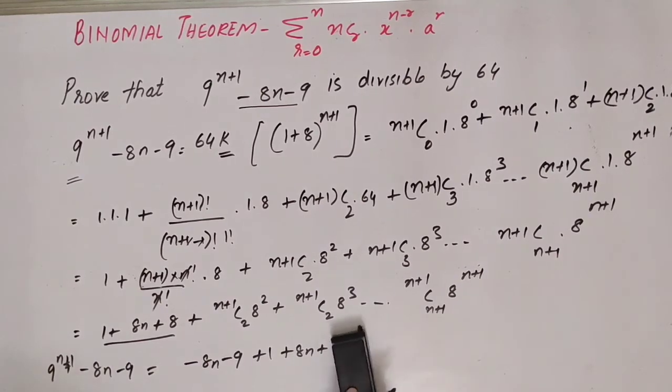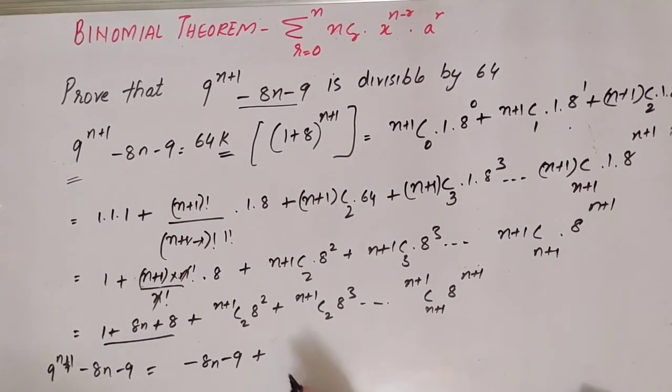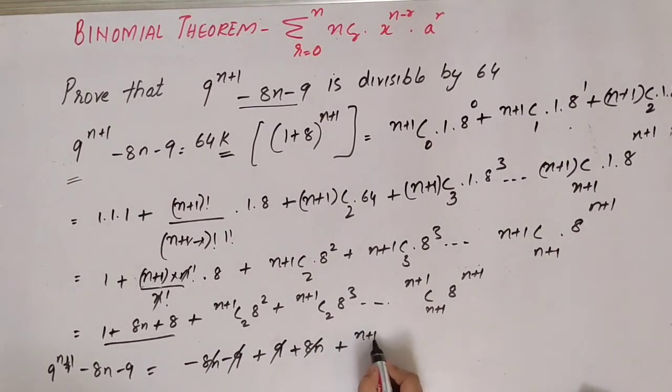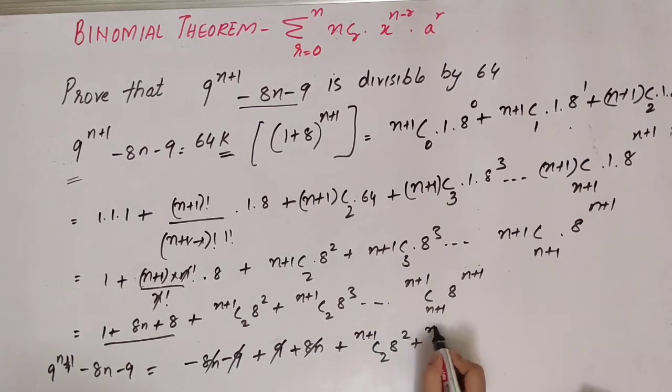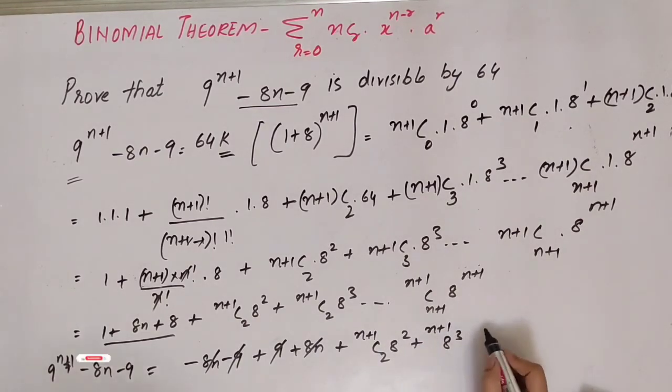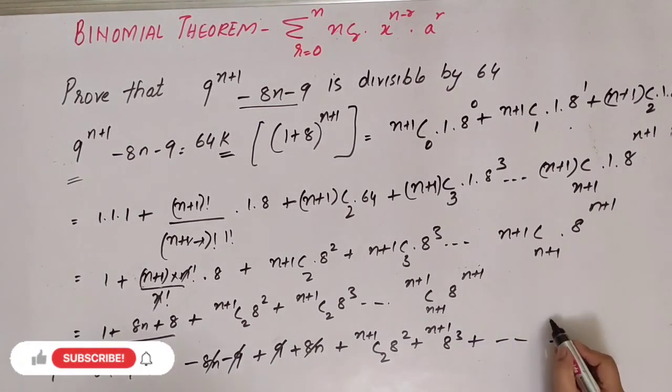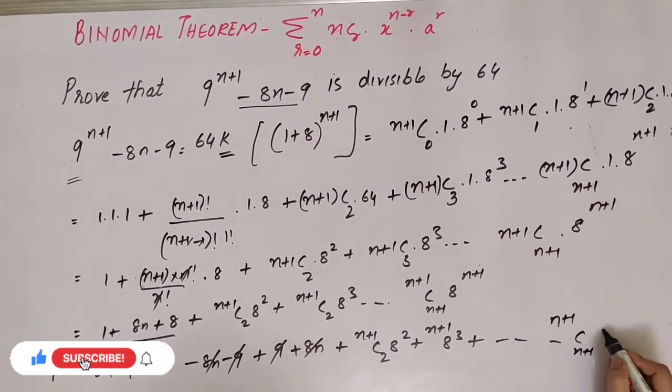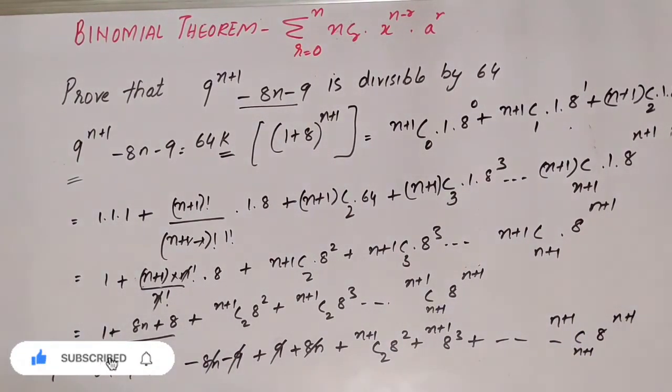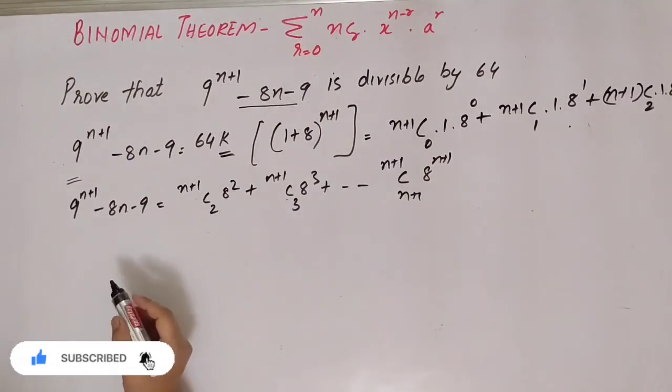So 1 plus 8 is 9, so we'll write it as 9 plus 8n. Both of these will get cancelled here, and the remaining things will just carry forward. I've rewritten this expression after the cancellations.